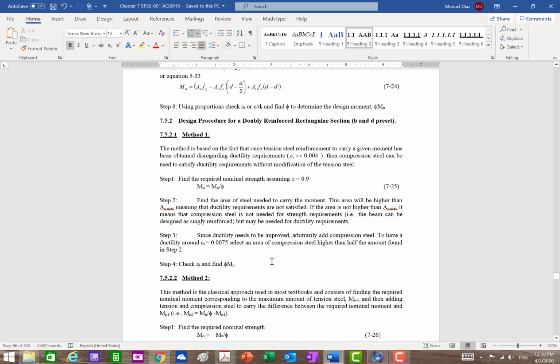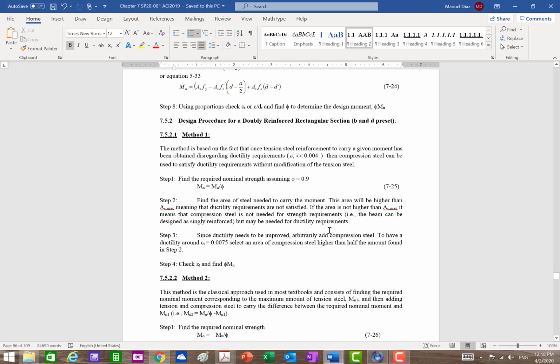Now, because the typical case is going to be that As maximum is not going to be satisfied, right? You need to improve the ductility, and you're going to arbitrarily add compression reinforcement.